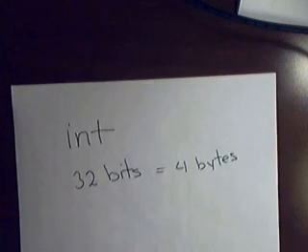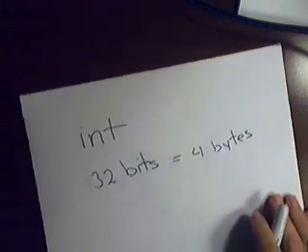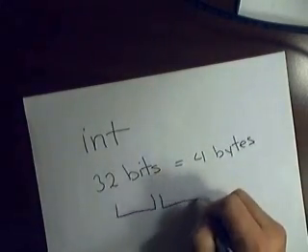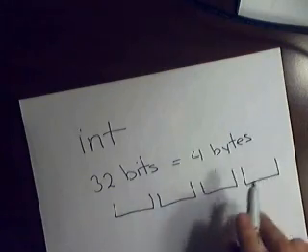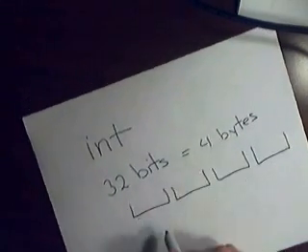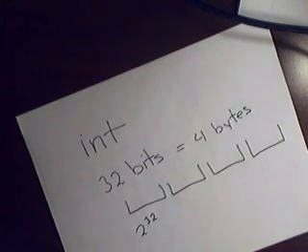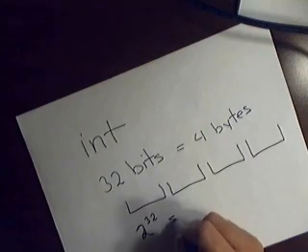So ultimately it depends on the hardware you're using, how many bytes or bits you use to represent an integer. But basically we're going to have 1, 2, 3, 4 bytes, and this implies that we have 2 to the 32 sequences.